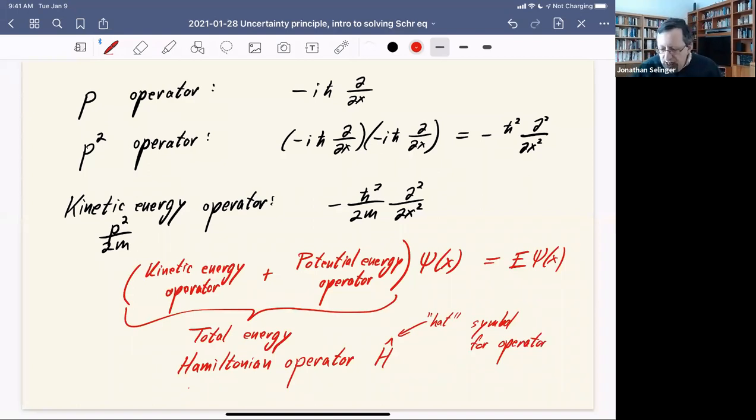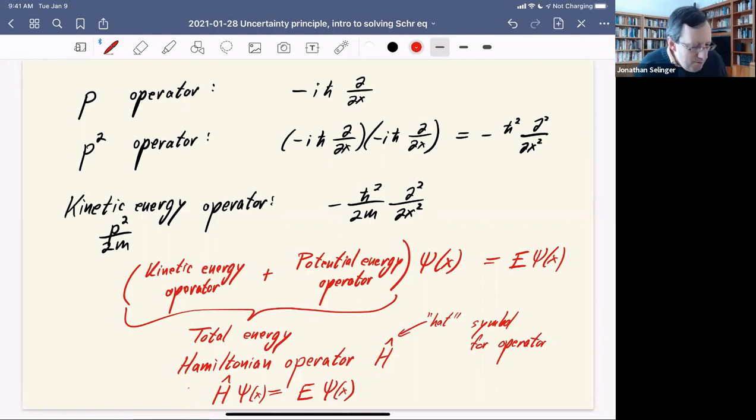So in this sense, the time-independent Schrodinger equation becomes that the Hamiltonian operator acting on psi of x is equal to E times psi of x.